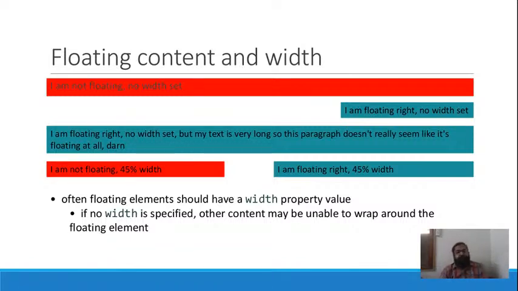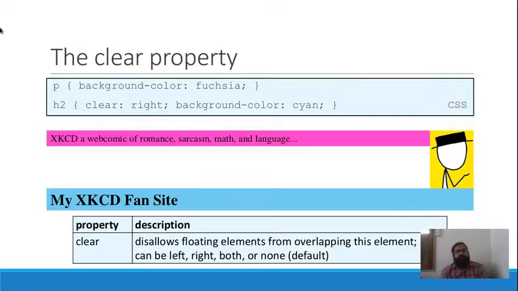Now we have different properties. Over here we have two selectors, P and H2. The P tag uses fuchsia color as the background, and the H2 uses a clear white and background color cyan.